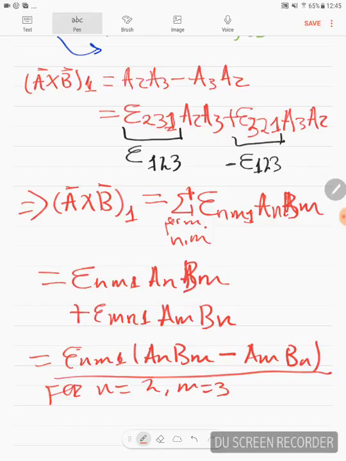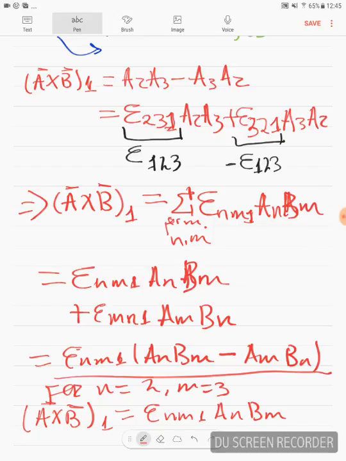Just avoiding the summation, the component 1 of A cross B is just E N M 1 A N B M. So this works fine for component 1.